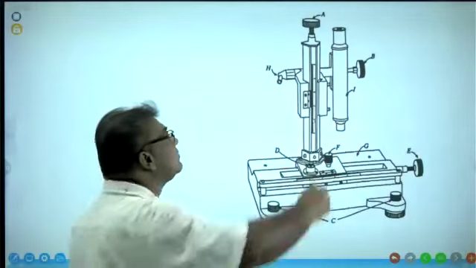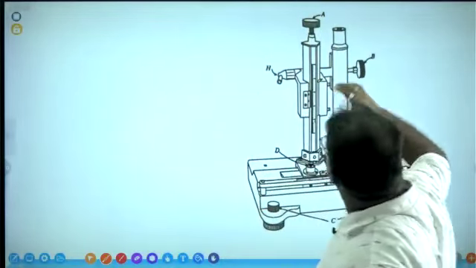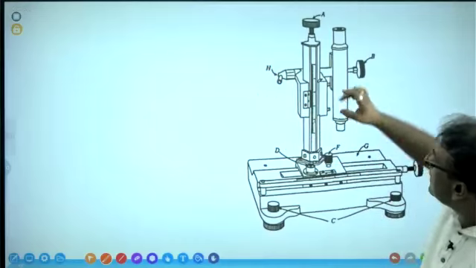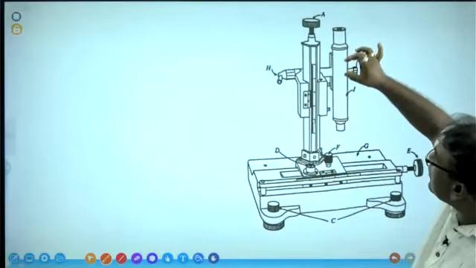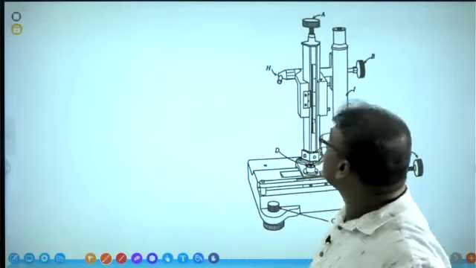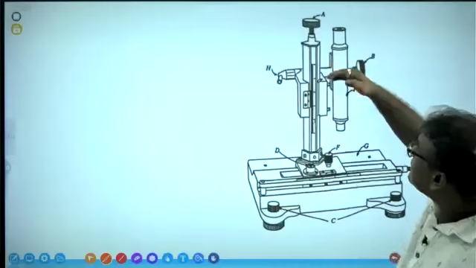By turning this one, the whole microscope part will be moved upward and downward very smoothly, while a small amount of distance is traveled by the microscope.